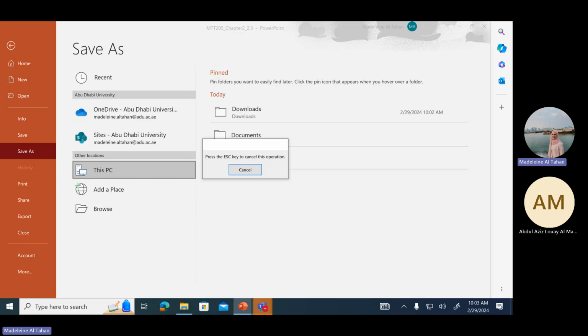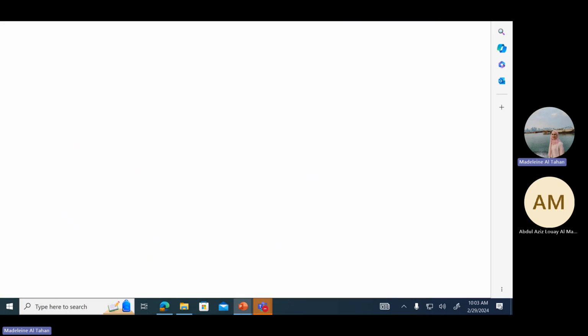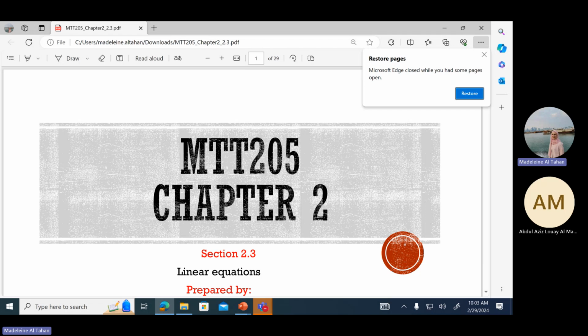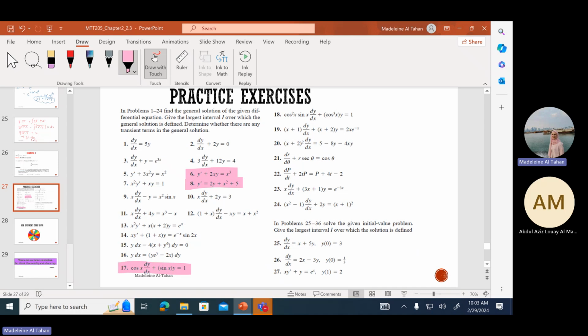Yes, let's recap. So our main objective was to deal with which types of equations? Linear first order. How do we solve it? What do we need? Integrating factor and then use the formula. Is it clear, miss? Yes. These 3 exercises, try to practice them at home just to make sure that everything is okay regarding them. I will share with you the file at the end of the lecture. Okay, miss?